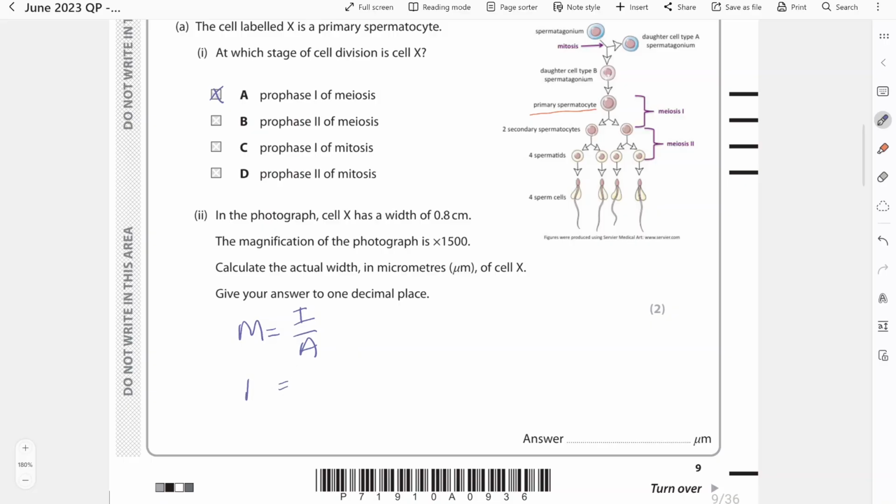So that would be I over M. Now, because it wants you to answer it in micrometers, I'm going to convert this 0.8 centimeters to micrometers first by timesing it by 10,000.